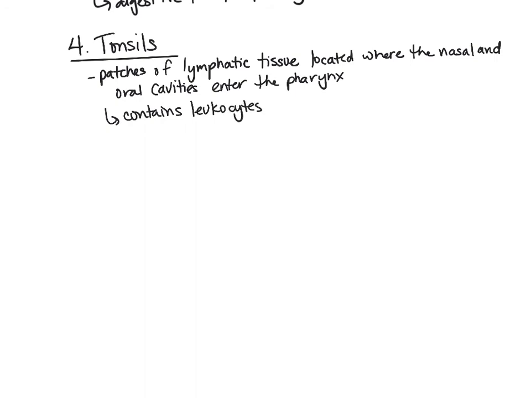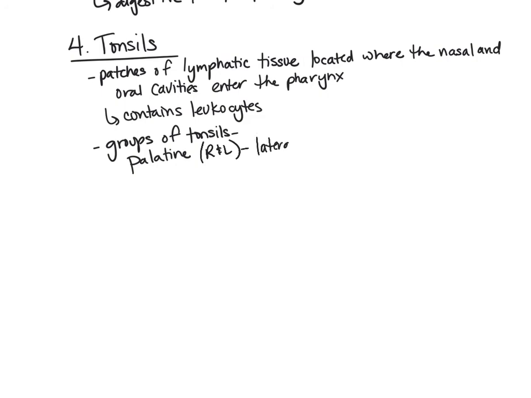And we have different groups of tonsils. So we have our palatine tonsils. So we have a right and left palatine tonsil. And these are located in the posterior of the oral cavity, actually in the lateral margin.